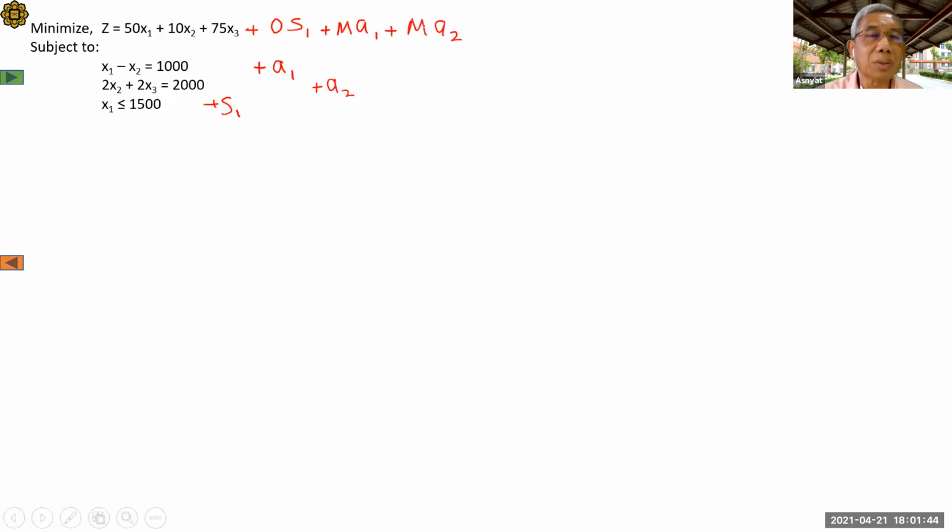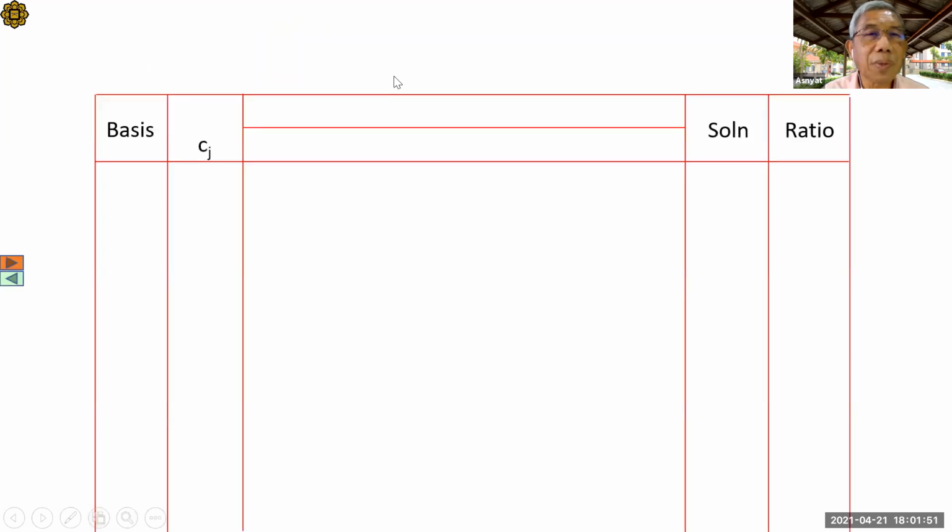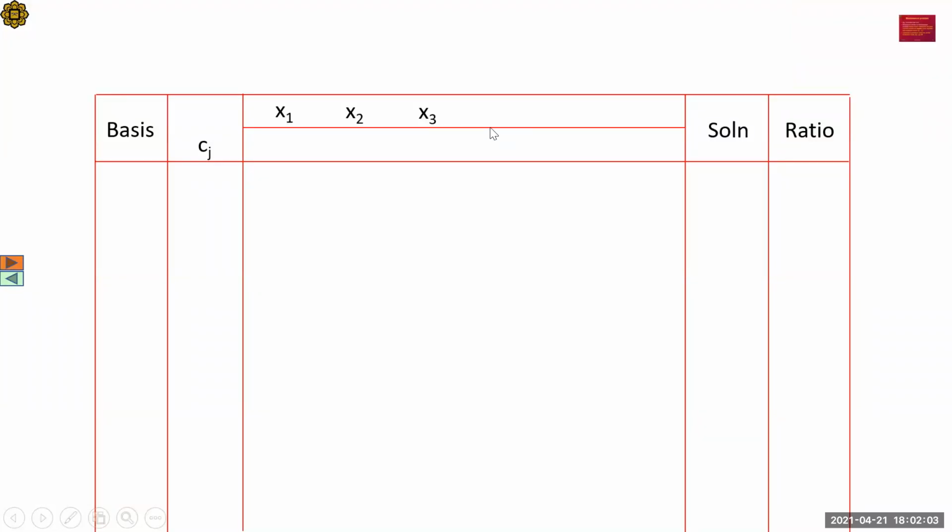I think the others I don't go through in detail. Let's put this in the tabular form. We have x1, x2, x3, S3, A1, A2. Do you have time to copy just now? It's okay, we can refer to the slide later.